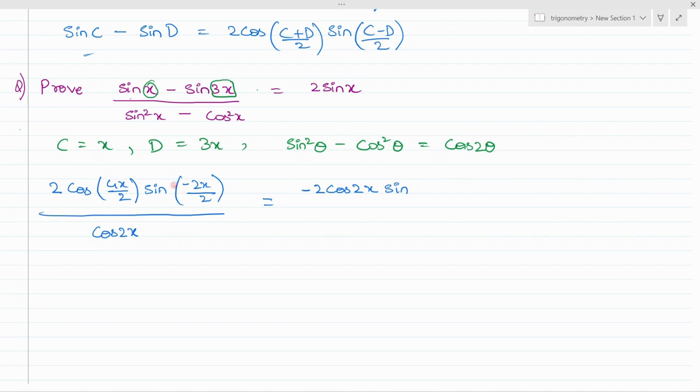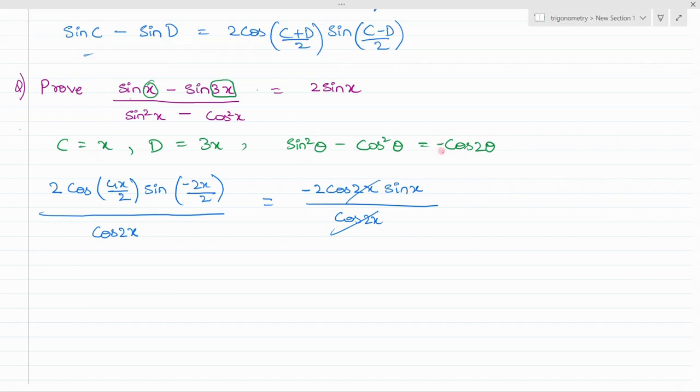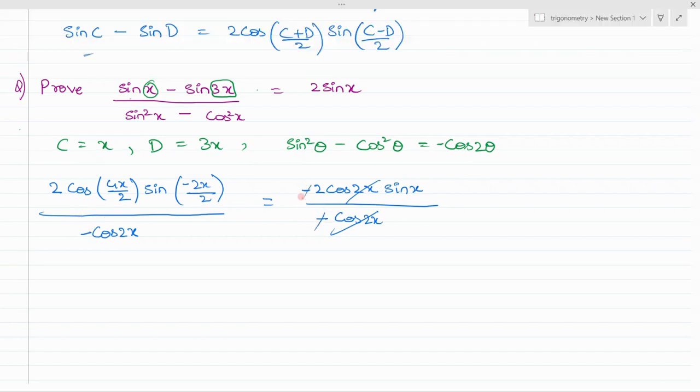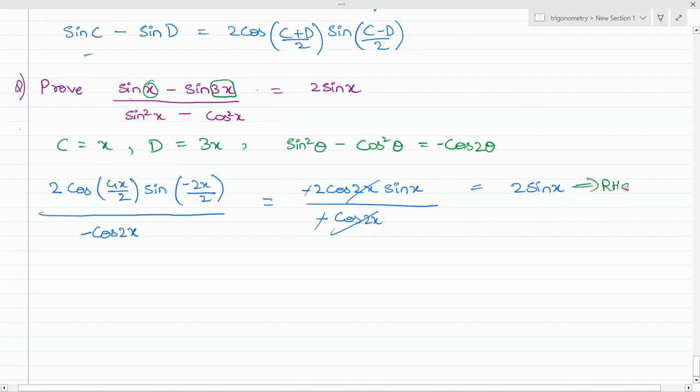So the 2 cos 2x gets cancelled, it is sin x upon cos 2x. Here it's actually minus cos 2 theta. So in the denominator you'll get minus sine, and this minus minus also gets cancelled, which is nothing but 2 sin x. So this is the required RHS to this question.